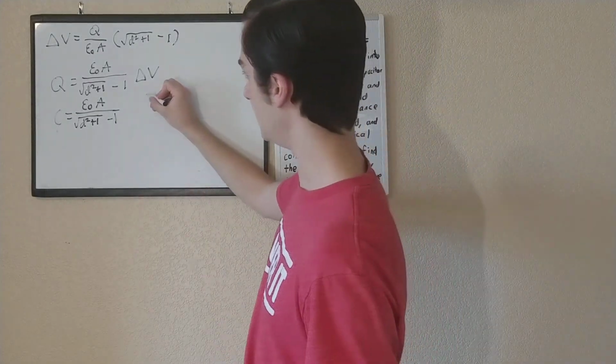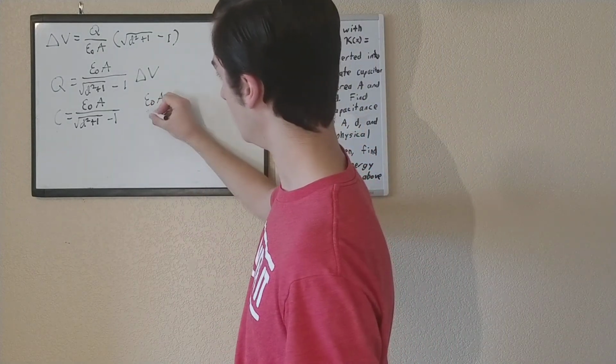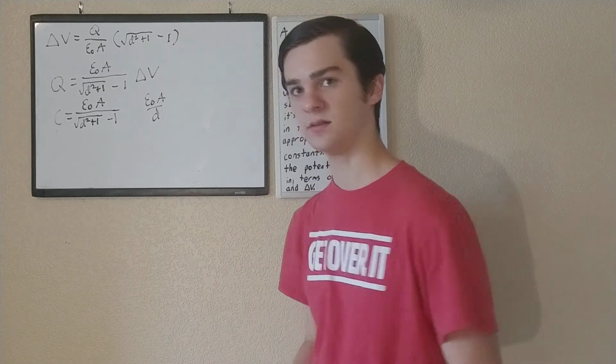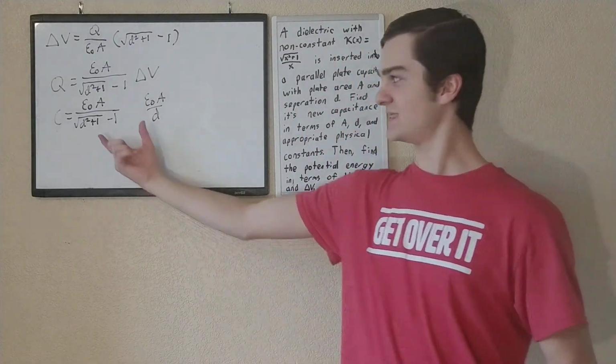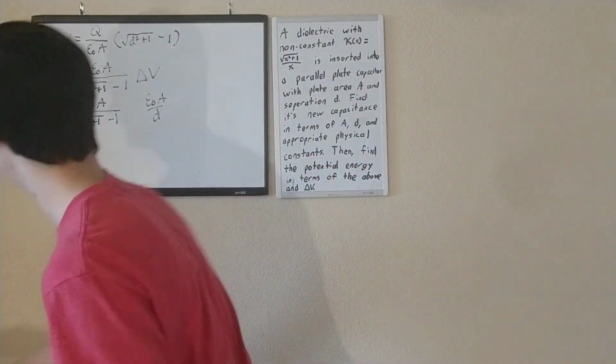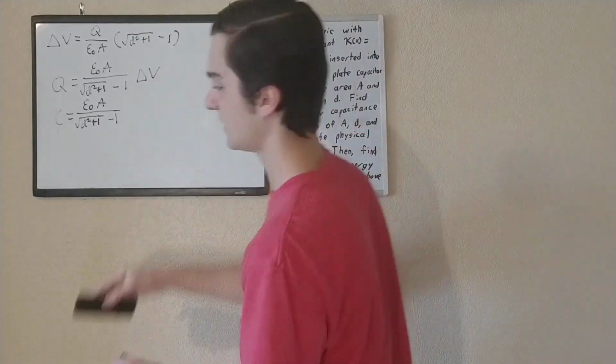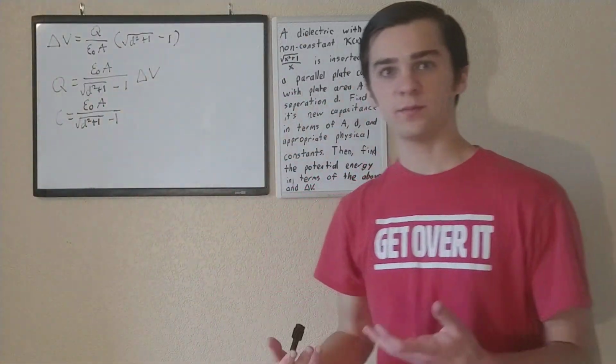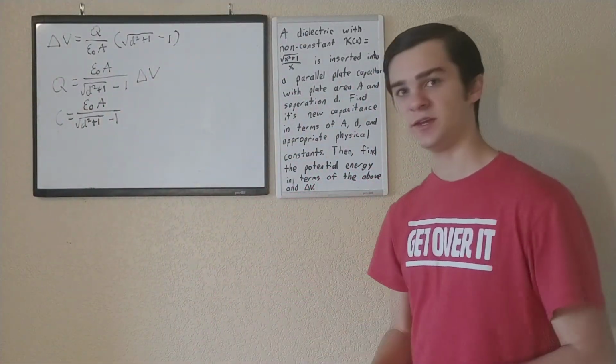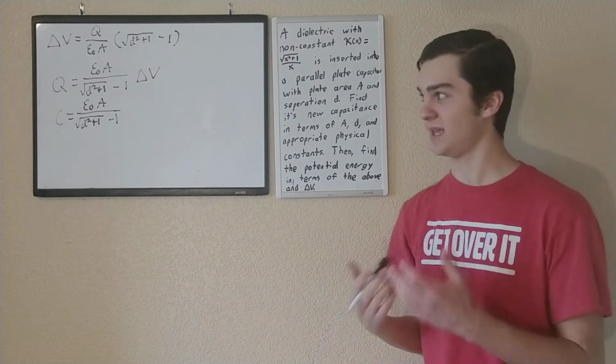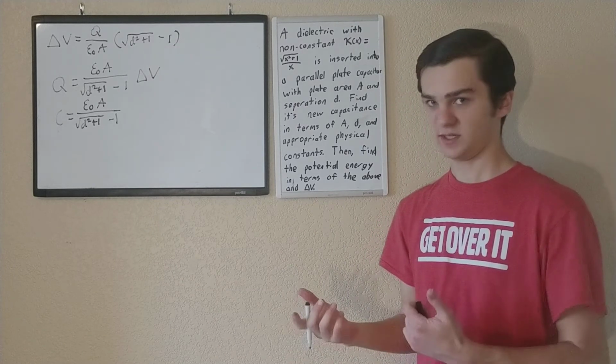The original capacitance would be epsilon naught A over d for a standard capacitor, and this just has some more functions in the denominator, but it still evaluates to a number. So that means that our process for finding the potential energy of the capacitor is going to work out exactly the same. So we're pretty much done here.